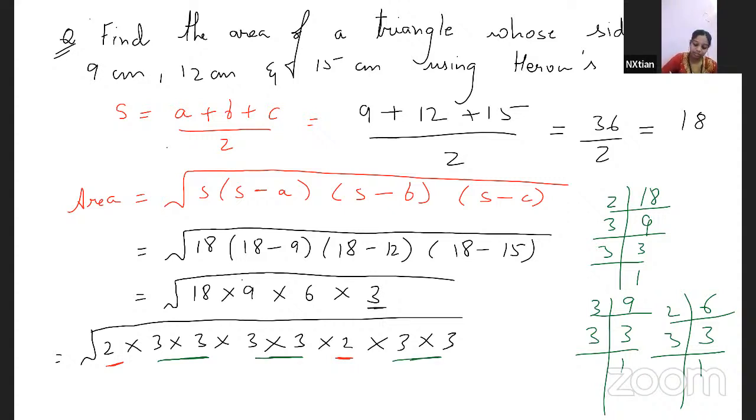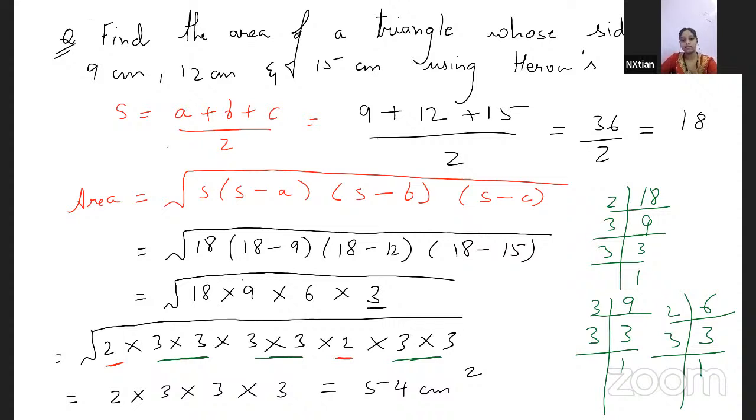So we have 2 into 3 into 3 into 3, 2 into 3 into 3 into 3. Multiply them. Okay, 54 centimeters. Yeah, 2 threes are 6, 6 threes are 18, 18 threes are 54 centimeter square.